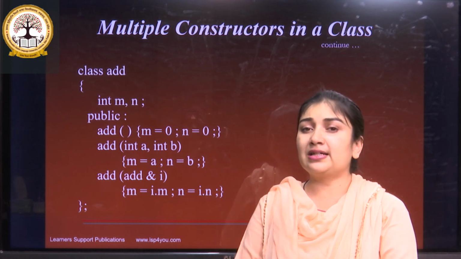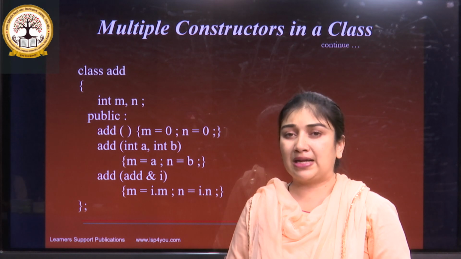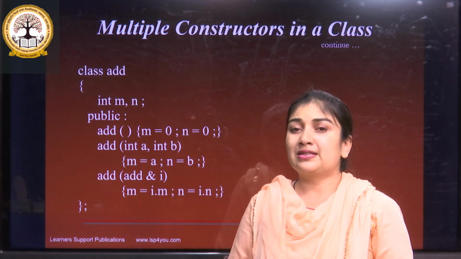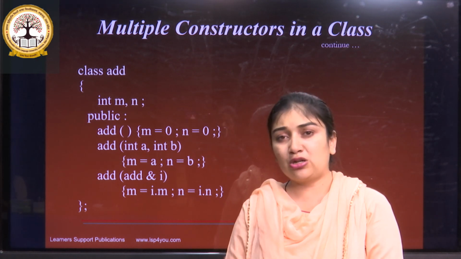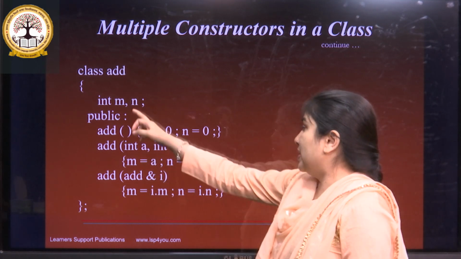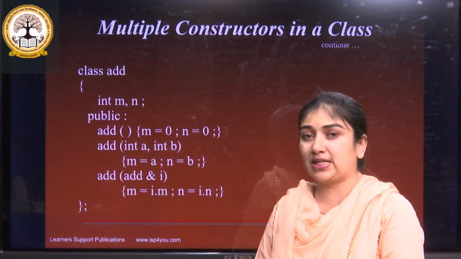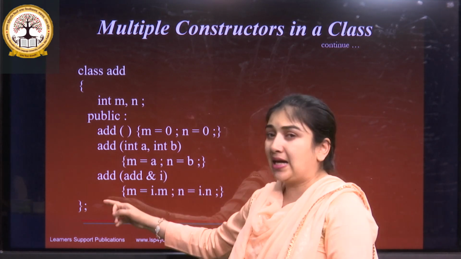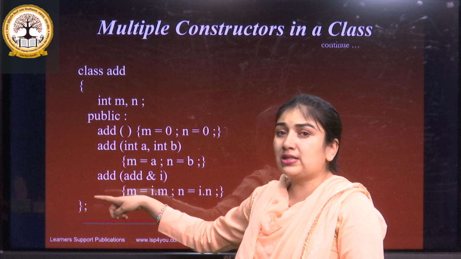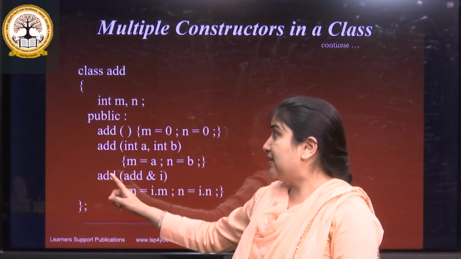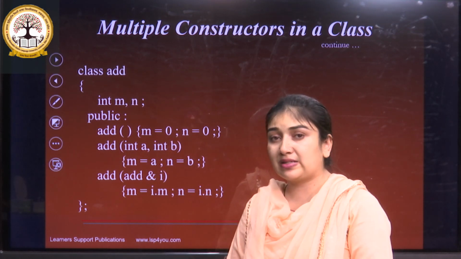Although a constructor can never be inherited, the derived class can have access to the constructor of its base class. So in the public section, we have taken three types of constructors: add, add, add. These are all constructor functions with the same name as the class name.